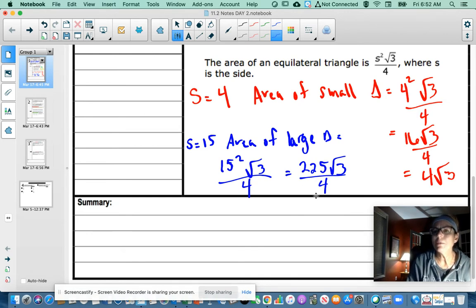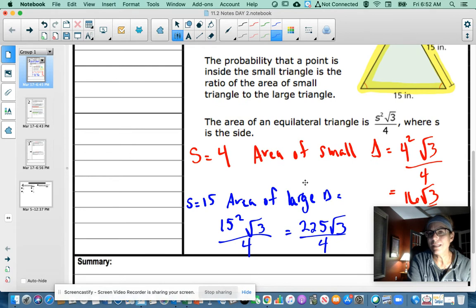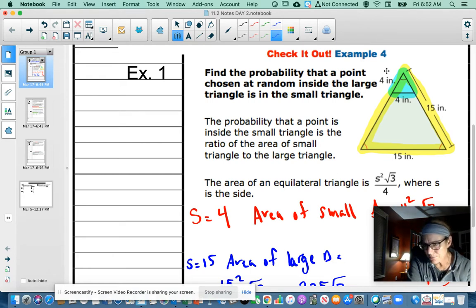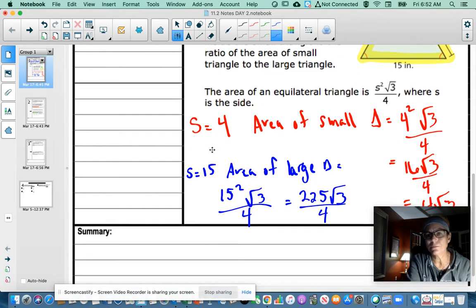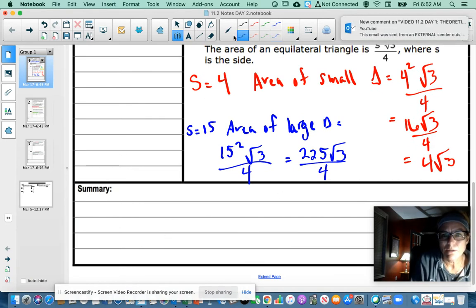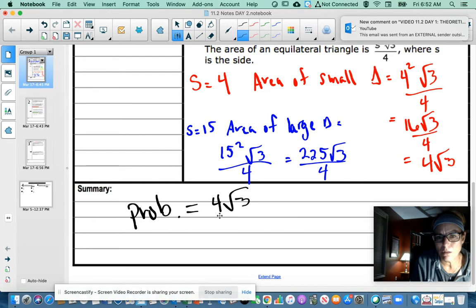To find the probability that a point chosen at random inside the large triangle is also in the small triangle, our probability is going to be the area of the small divided by the area of the large.